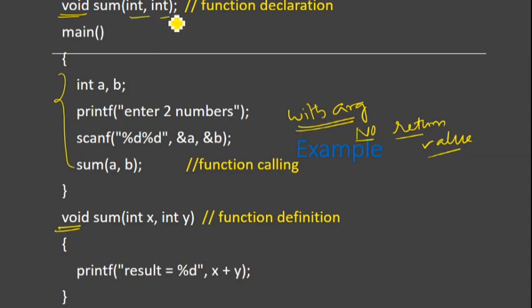So those arguments are passed from the main function to the user defined function. These are called formal parameters, and A and B are the actual parameters.